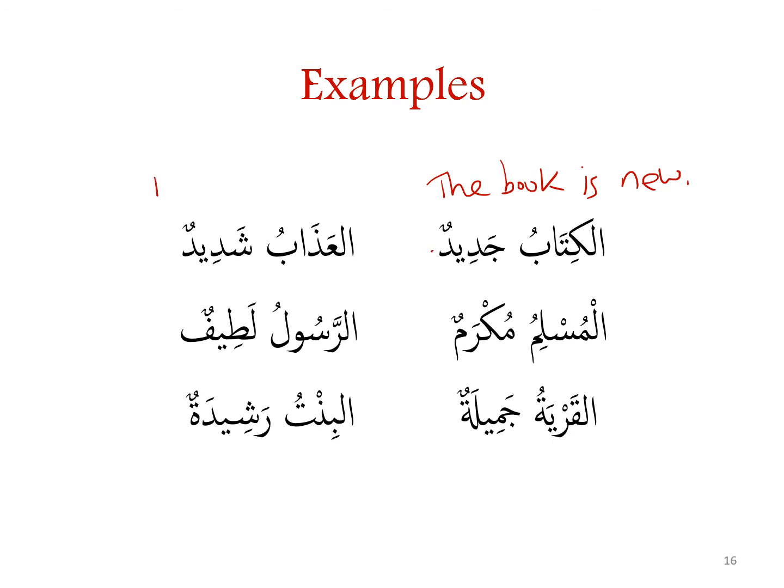Al-adabu shadidun, the punishment is shadidun. You can say severe, harsh, again different shades of meaning depending on the context. Al-muslimu, the Muslim is, so the "is" comes in between the two words.